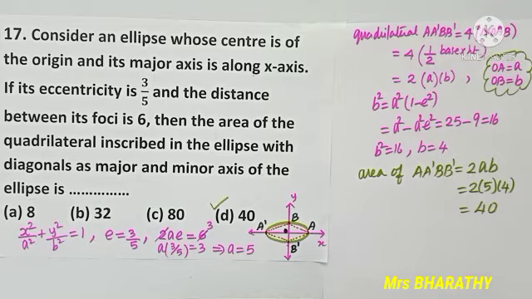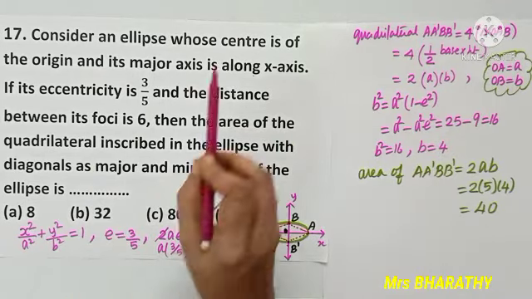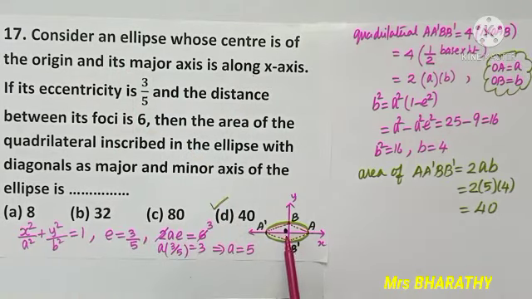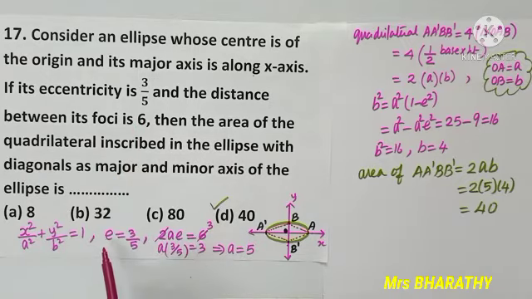We'll quickly run through the problem. From the question, which says center is at the origin, major axis along x-axis, the equation of ellipse is x square by a square plus y square by b square equals 1. Given eccentricity 3 by 5, note down E equals 3 by 5.